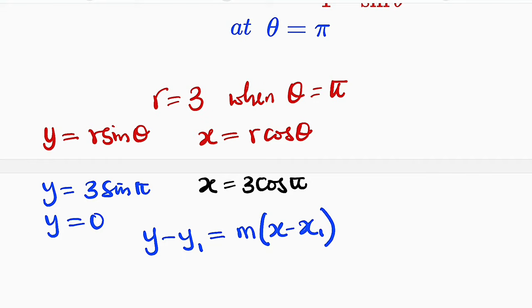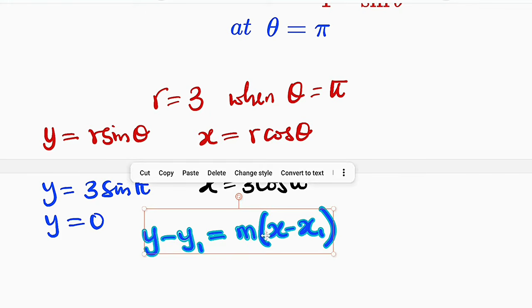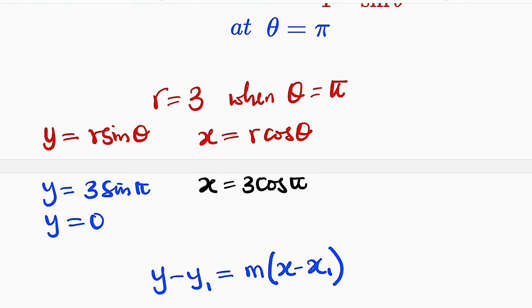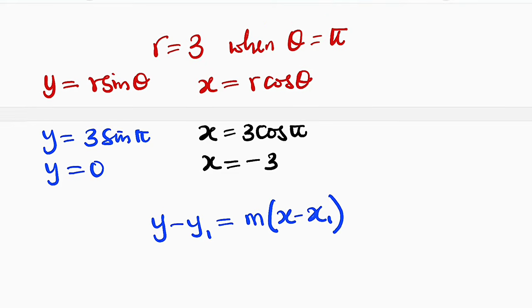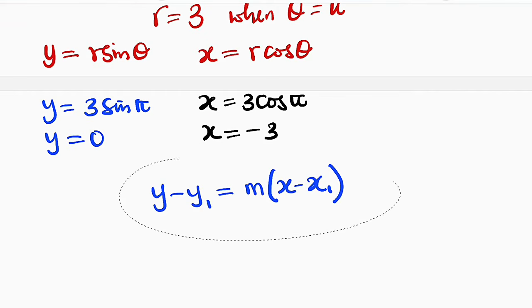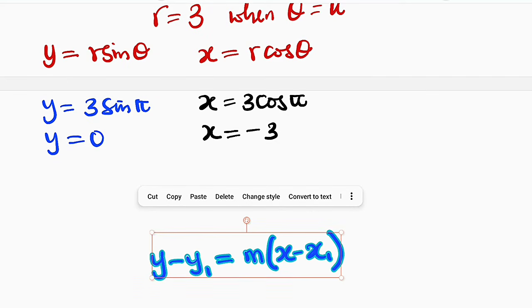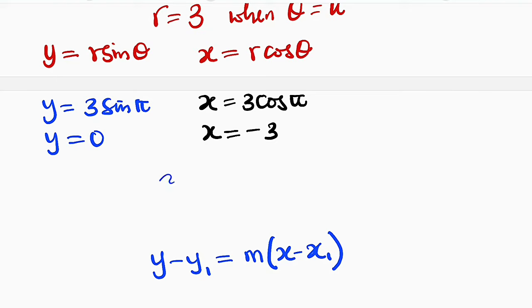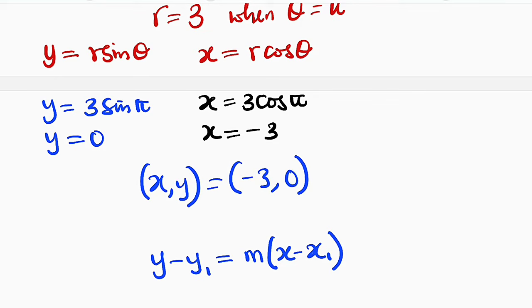And cosine of pi, we know it is equal to negative 1. So the moment you multiply negative 1 by 3, you're going to have x equal to negative 3. So the point where the tangent is going to lie on the curve will be at x, y equals negative 3, 0. And this is the point we're going to plug in here. We are done with this one.